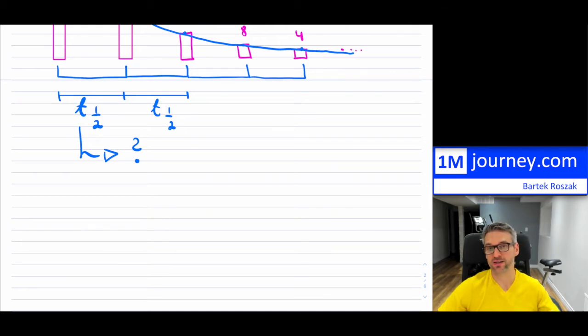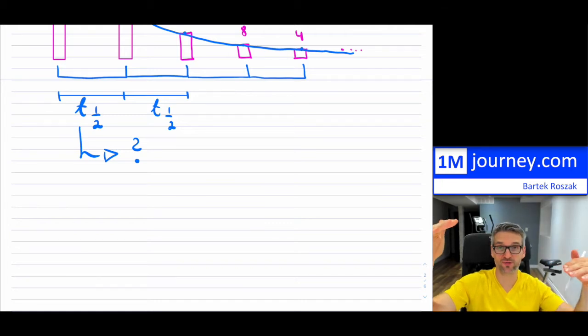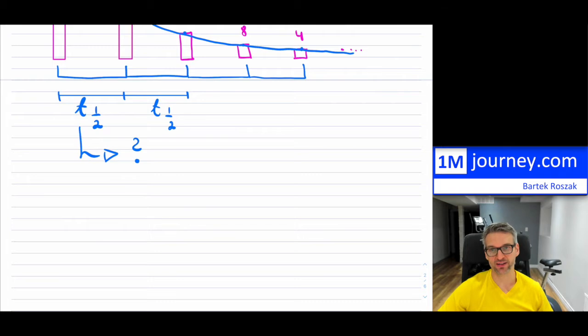So how quickly something decays, or maybe a virus. What's the half-life of a virus? If we started off with 100 cases, when are we going to get to 50 and then 25, and then so on. So we're constantly halving this.